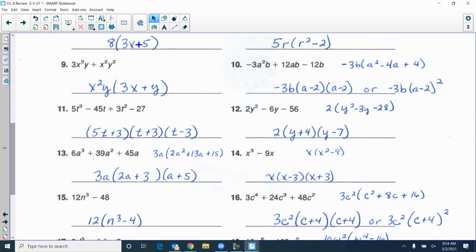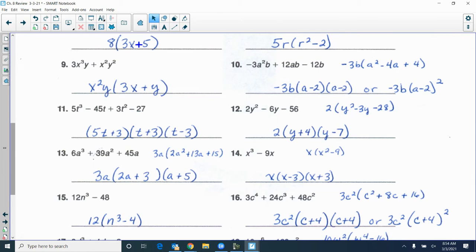I'll end up with 2a plus 3 and a plus 5. Now I have to remember this original GCF I took out. It has to go out front. If it's not there, then if I multiply everything back out, I don't end up with the original.